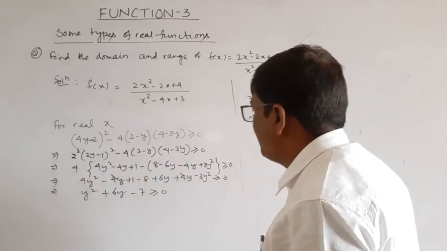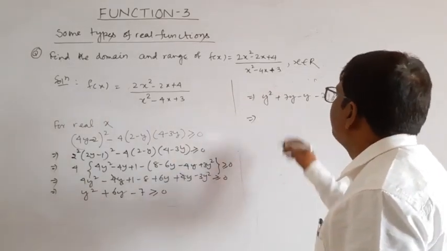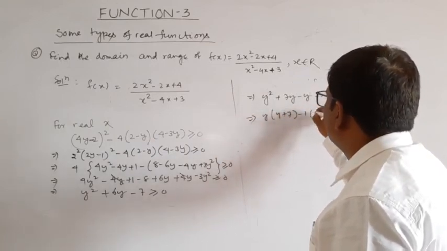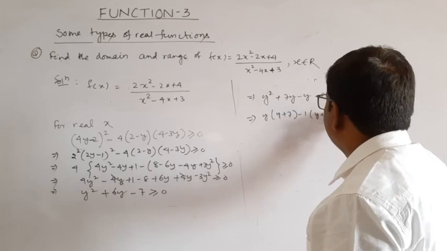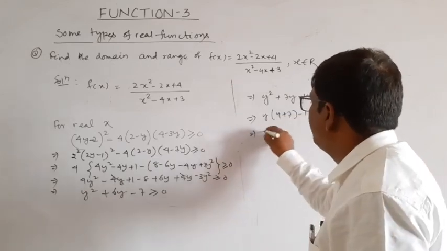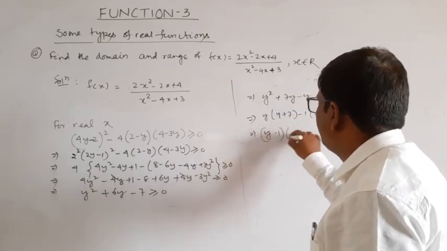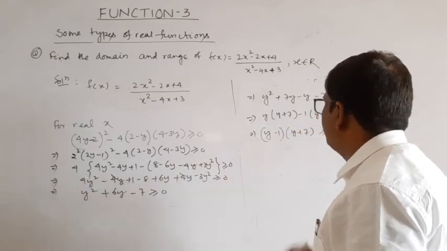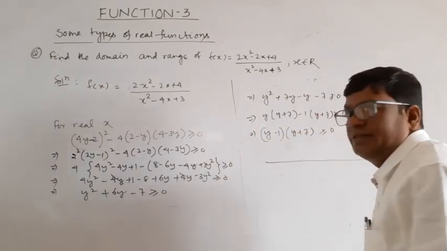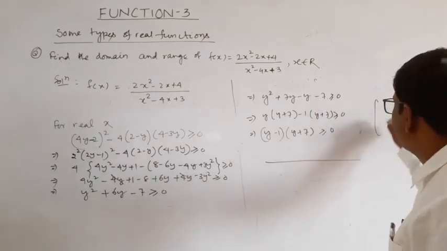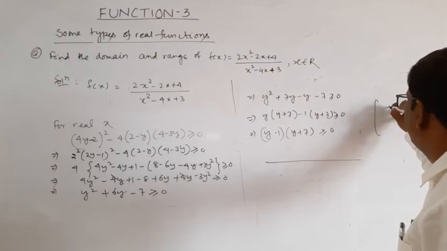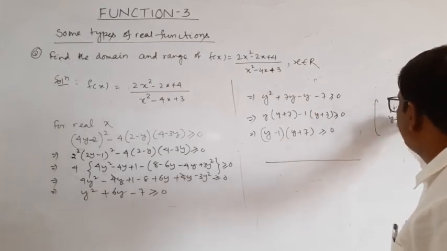That implies y common, y plus 7, minus 1 common, y plus 7, greater than or equal to 0. That implies y minus 1 into y plus 7 greater than or equal to 0. Draw a number line; the values are y equal to 1 and y equal to minus 7.